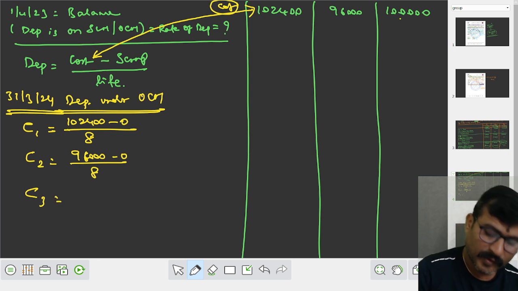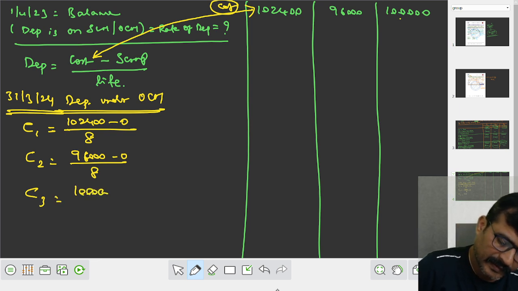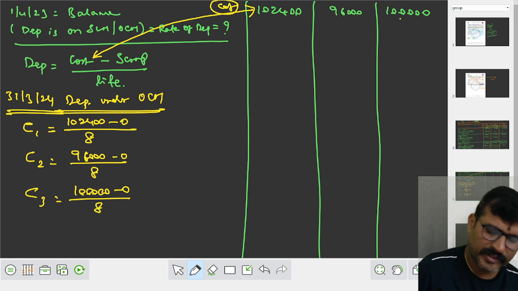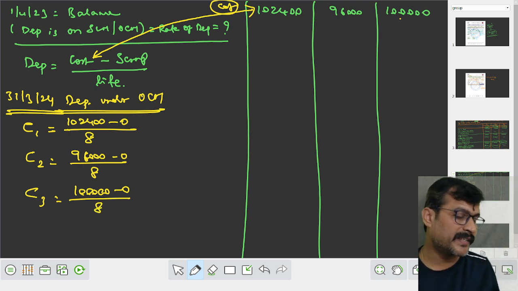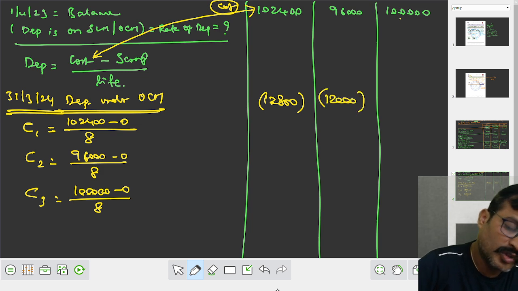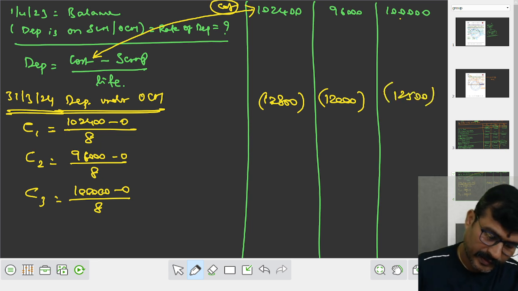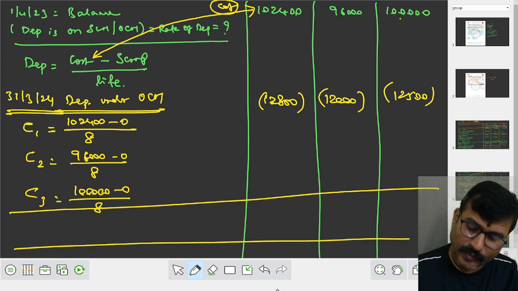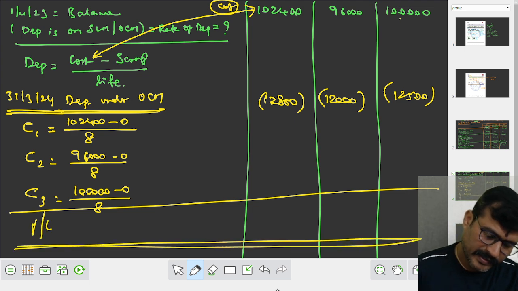C3. 1 lakh minus 0 by 8. Use a calculator and work out the answer. That answer comes to 12,800, 12,000, 12,500. Now you work out the balance.